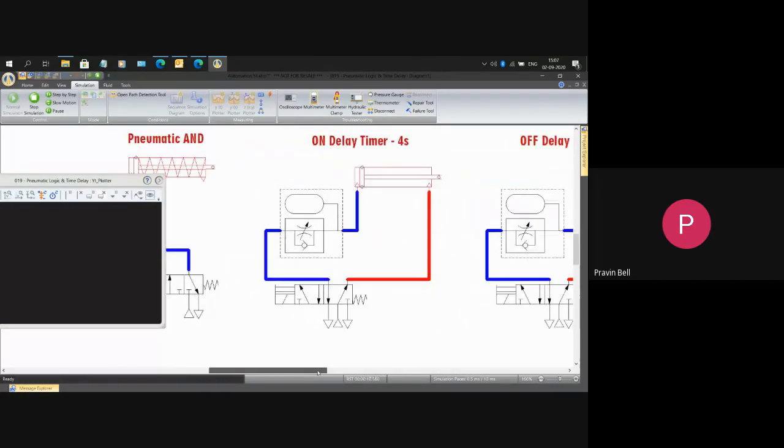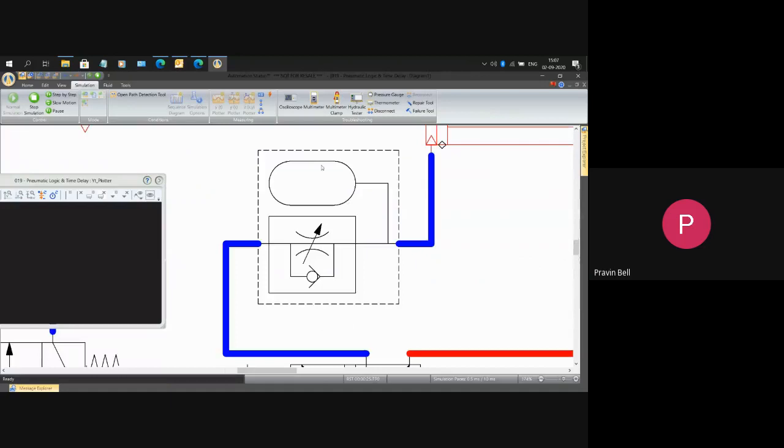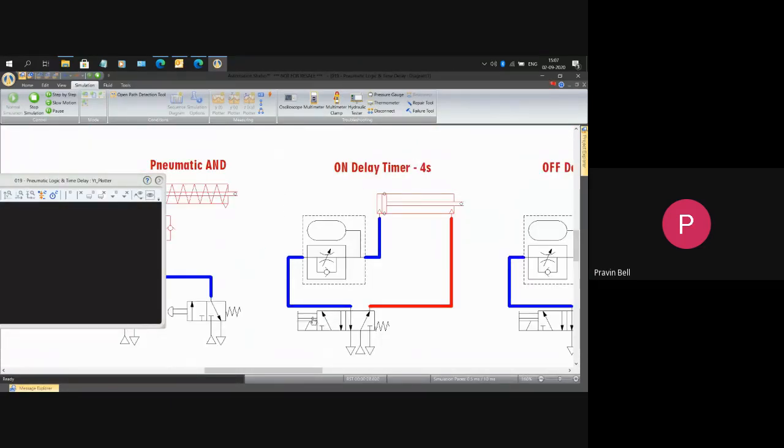Then there's another practical for on delay timer in pneumatics. So in this case, I've done a setting of 4 seconds, and this is the delay timing valve here, pneumatics. So if I operate this valve, it will wait for 4 seconds, and then it will allow the valve to operate, the fluid to pass through. I'll operate this again. It waits for 4 seconds.